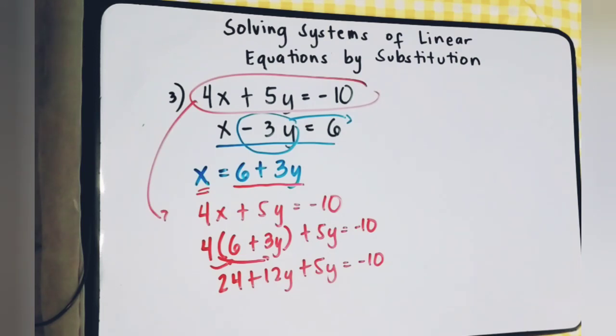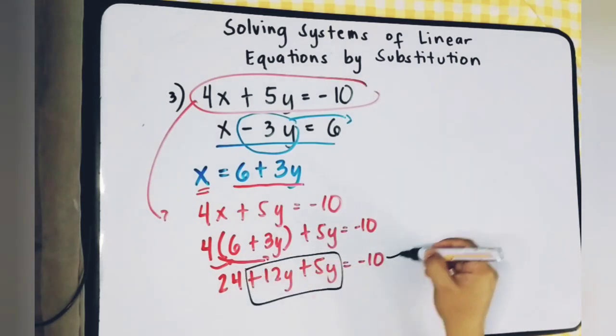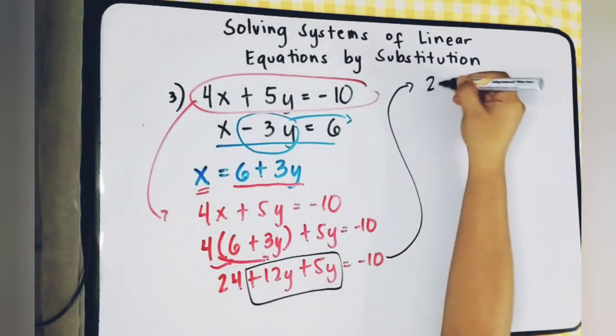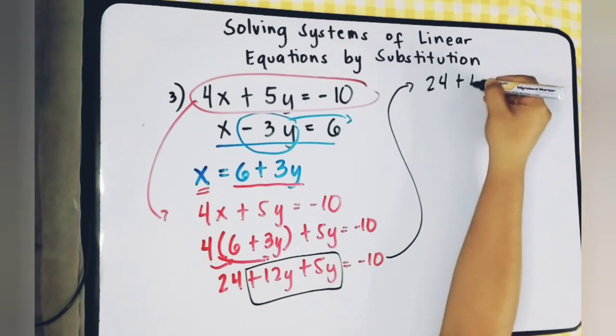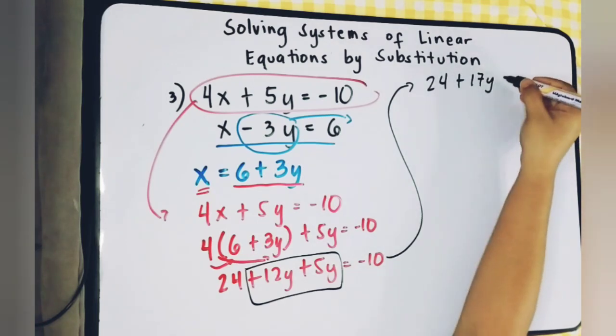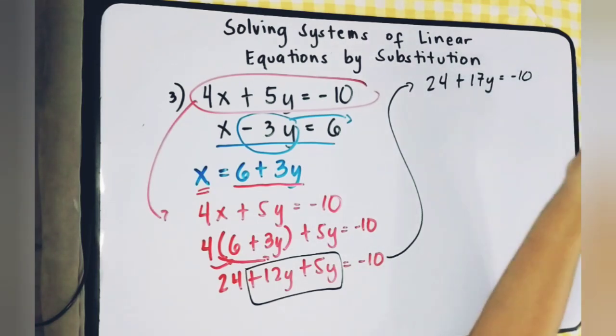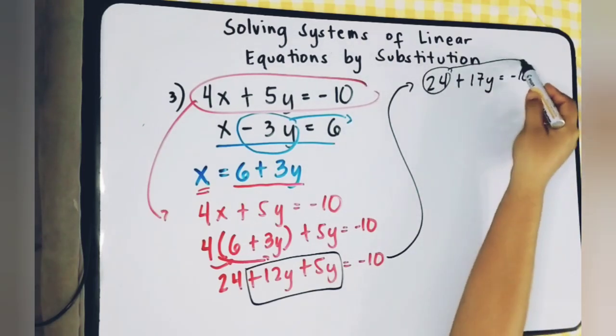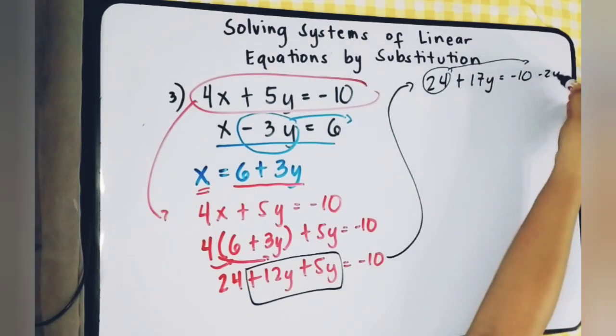Combine like terms. So, 12y plus 5y, that is equal to 17y. So, we have here 24 plus 17y equals negative 10. Transpose positive 24, it will become negative 24.